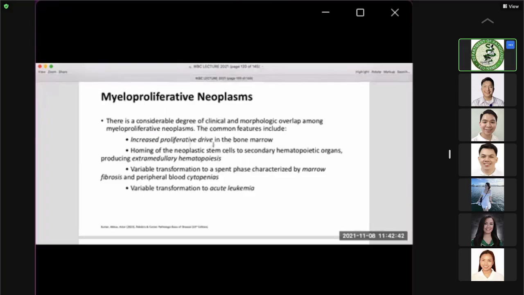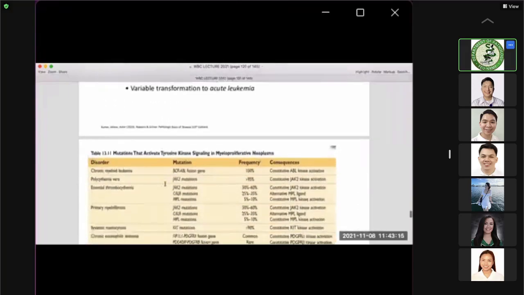Increased proliferative drive in the bone marrow, homing of neoplastic stem cells to secondary hematopoietic organs, so nagkakaroon ng extramedullary hematopoiesis. Variable transformation to a spent phase characterized by marrow fibrosis. So pwedeng ito yung nag-lead sa dry tap when you are doing bone marrow biopsy or aspiration. Peripheral blood cytopenias and variable transformation to acute leukemia can also happen.